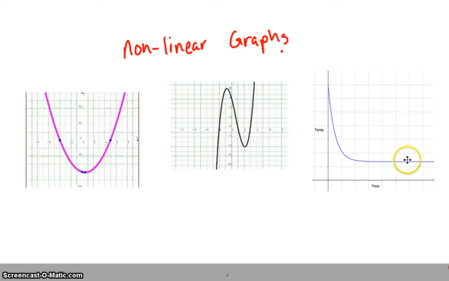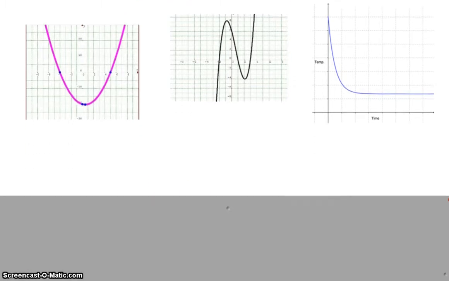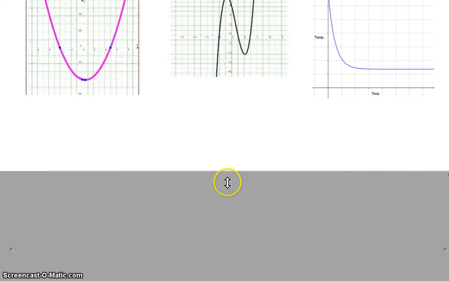It actually curves down. So these are called nonlinear because they do not form a straight line. So let's take a look at an example of some data to where we can maybe make a graph and decide if it's either going to result in a linear or non-linear graph.